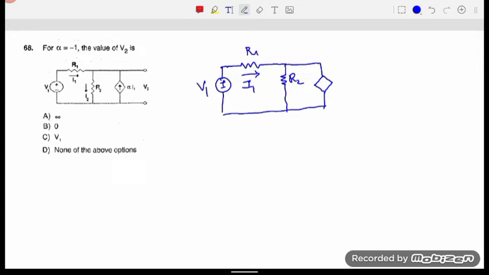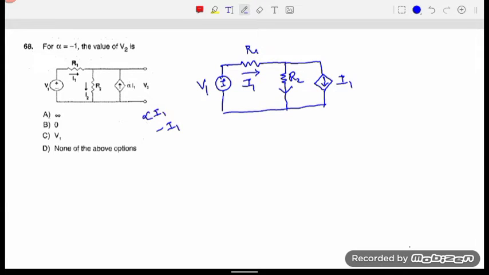Now look at the circuit, alpha is -1, that means this alpha I1 current source is actually minus I1. So I will change the direction of the current and write only I1, that is plus I1. I am giving the downward direction of current and writing it as I1, and this is I2. They are asking about the value of V2, that is the voltage across this dependent current source.